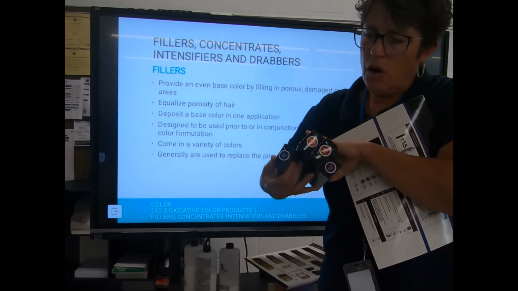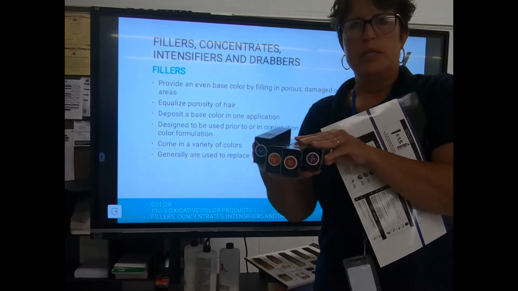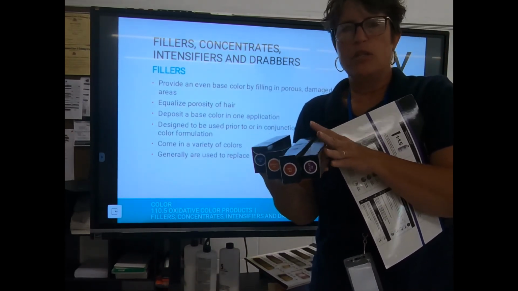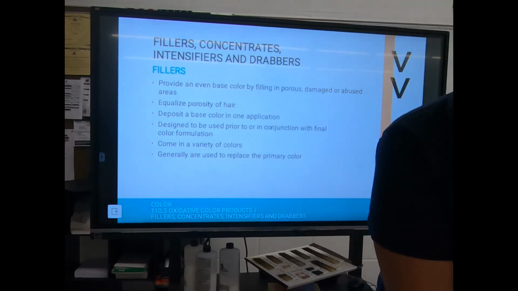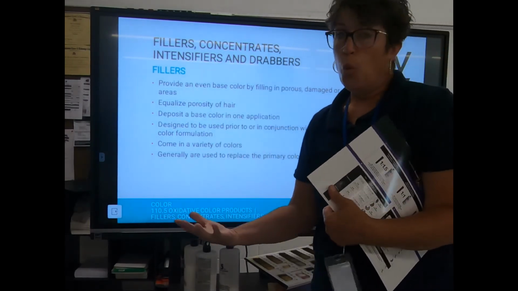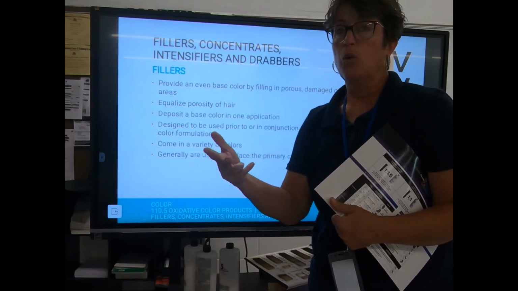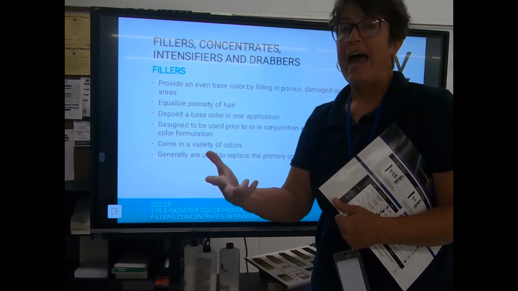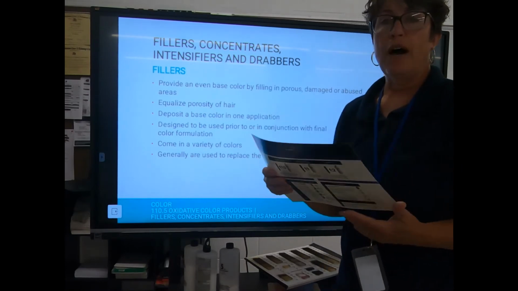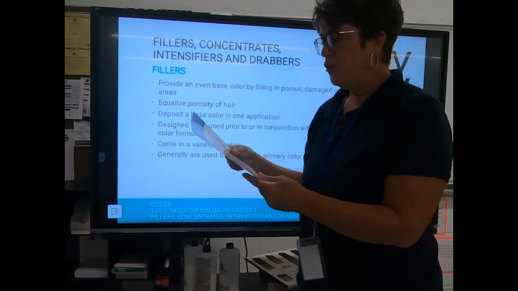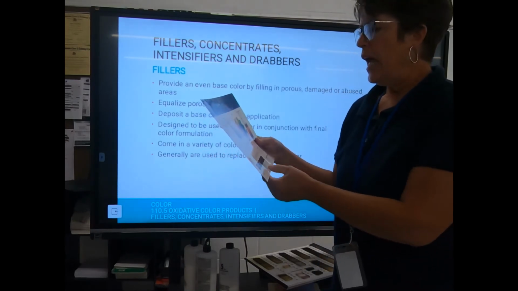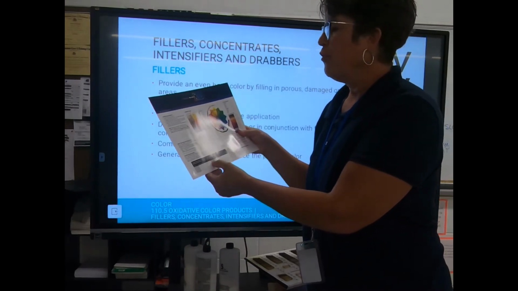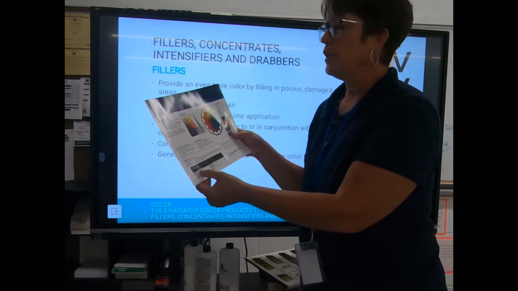So these are all intensifiers. So you can take whatever color and you can make it more of that. You can make it more warm, red, orange, and gold. You can make it more ash, your blue, violet, and green. Okay, your neutralizing shades are your green, blue, and violet. Okay, and again, it gives you all the formulas in here for what you're going to do.